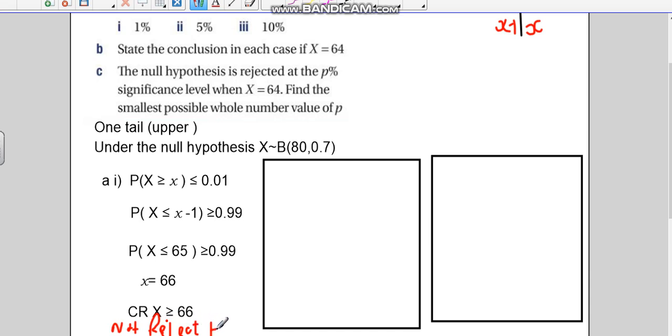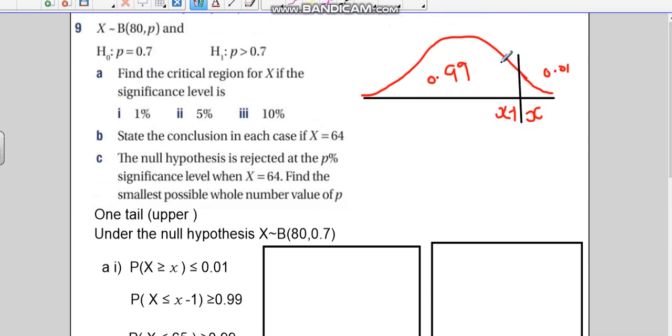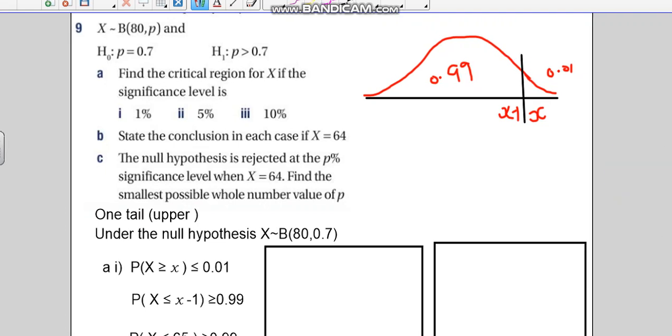You can say accept, but we're actually saying we're not going to reject it, because 64 would be down here. Okay, all right, have a go then at changing the percentage significance to 5% and 10%. Pause it, have a go, and I'll do the solutions for you.